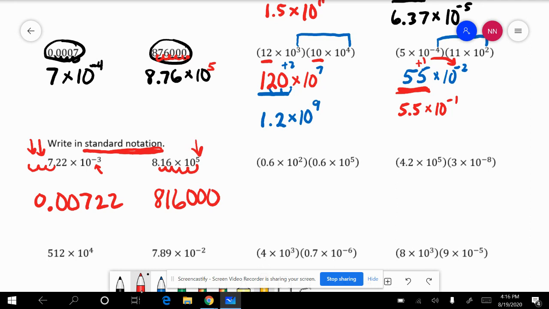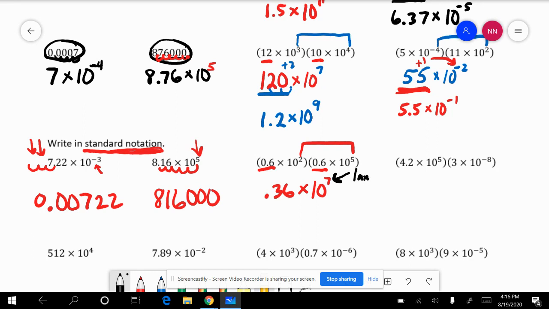Looking at the next one, I'm going to multiply 0.6 times 0.6, which is 0.36. Remember, whenever I multiply, I add the exponents. So that would be 2 plus 5, which is 7. Since this is a positive 7, that means I have a large number.